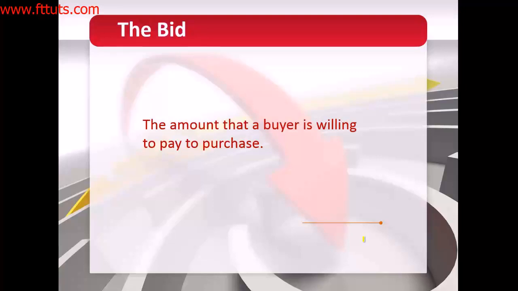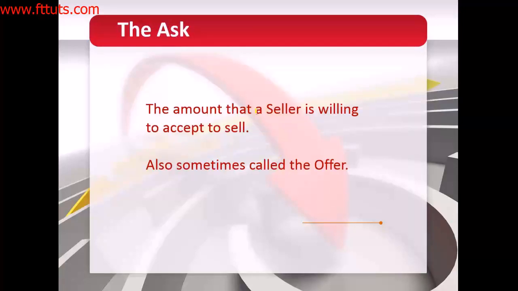So when I have someone bidding a certain amount, 1.2645 for a currency, that is what they're willing to pay to purchase that currency. And the ask is the opposite of that. It is what the seller is willing to accept to sell.